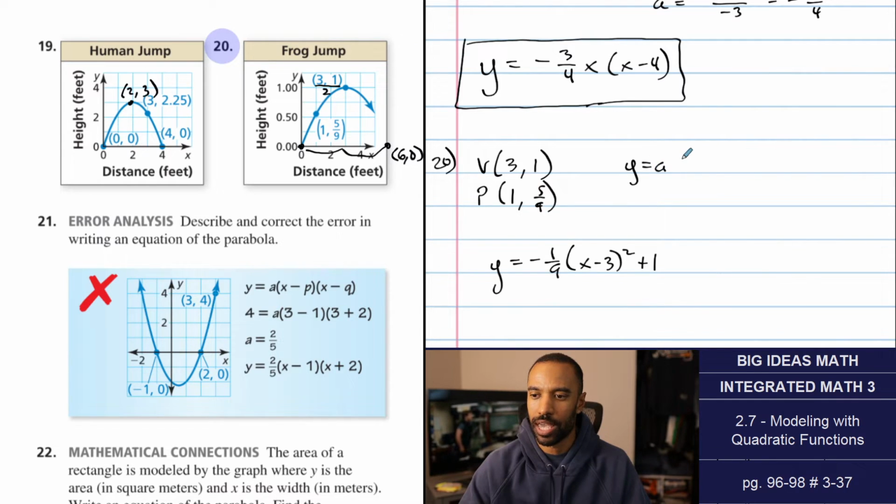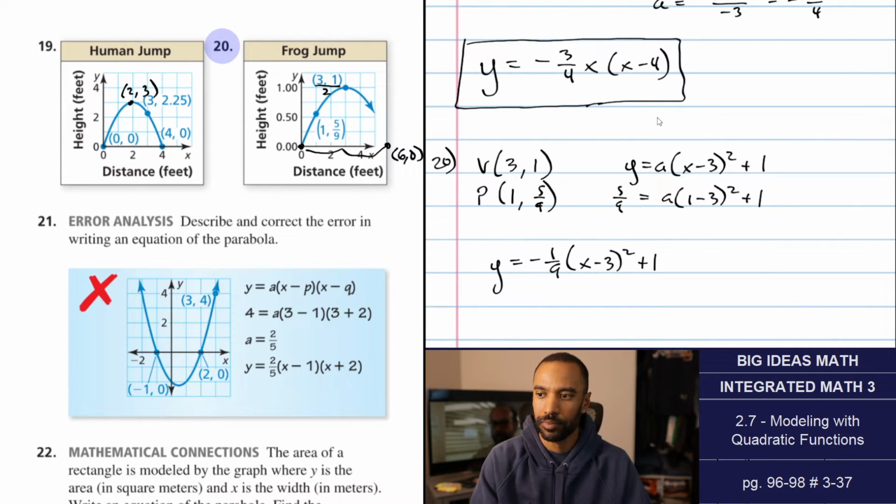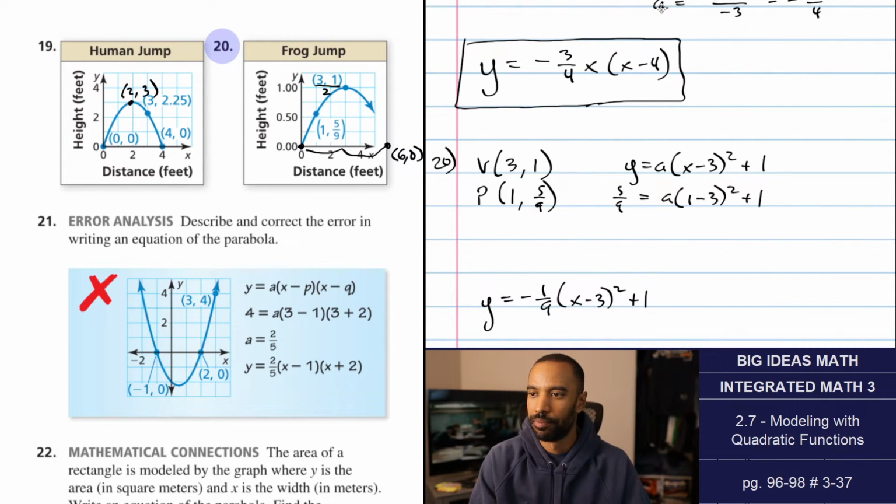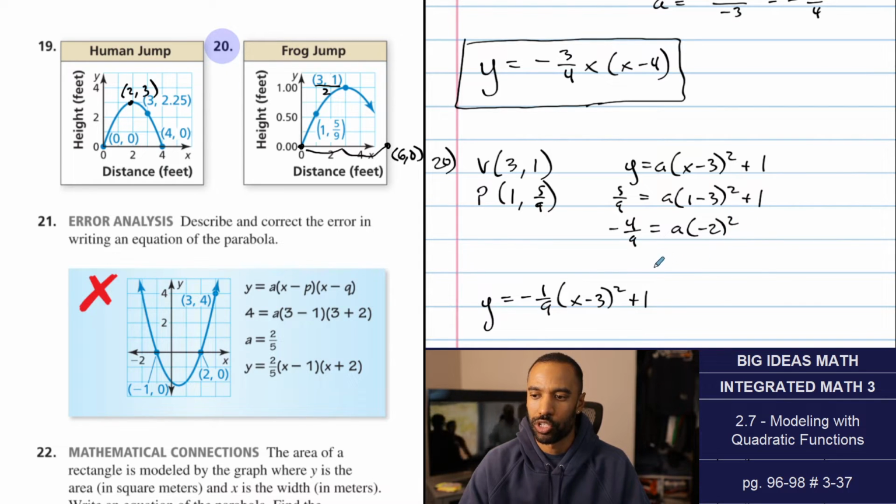So y equals a times x minus 3 quantity squared plus 1. 5/9 is the y value. We have 1 minus 3 quantity squared plus 1 here. I got to subtract 1 from 5/9. 1 is 9/9, so 5/9 minus 9/9 is negative 4/9. And you have negative 2 quantity squared there.